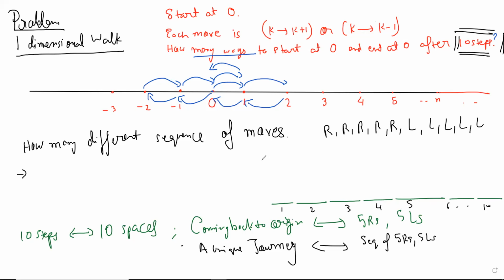So I just need to tell you one thing there. Just choose 5 places for the R's from the 10 places, right? And that will do everything. From 10 places, choose 5 places. And all of us know that's just 10 choose 5. Now this is a very quick way to answer this.